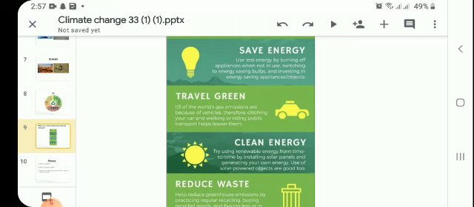Walk or use your bike instead of traveling in your car, and try to share your car when you come to school, or come by bus. You are supposed to try to use public transport or walk.